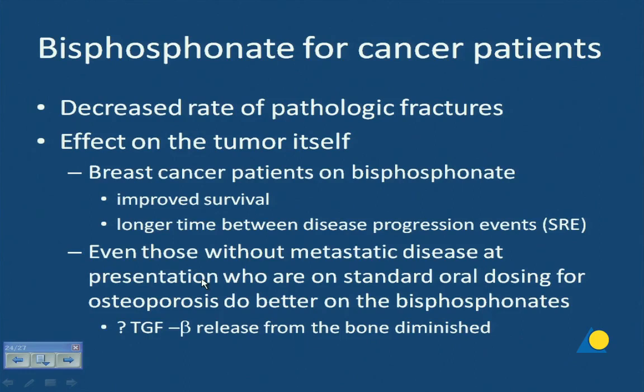Even patients with breast cancer who do not have metastatic disease at the time that they present, but who are placed on oral bisphosphonates to prevent osteoporosis associated with their chemotherapy, have better long-term survival and fewer skeletally related events. TGF-beta is a common growth factor in bone, and cancer can liberate this, and particularly breast cancer really grows well with TGF-beta, so this may be one reason why bisphosphonates can help with the cancer itself.